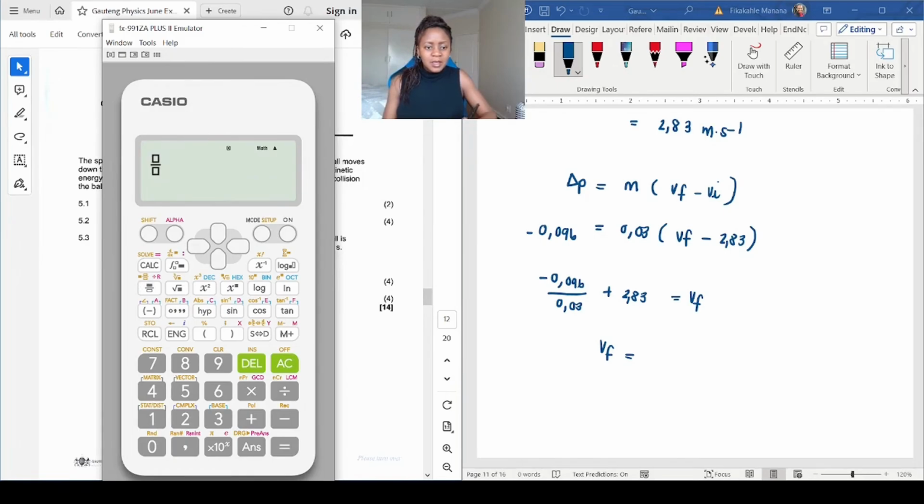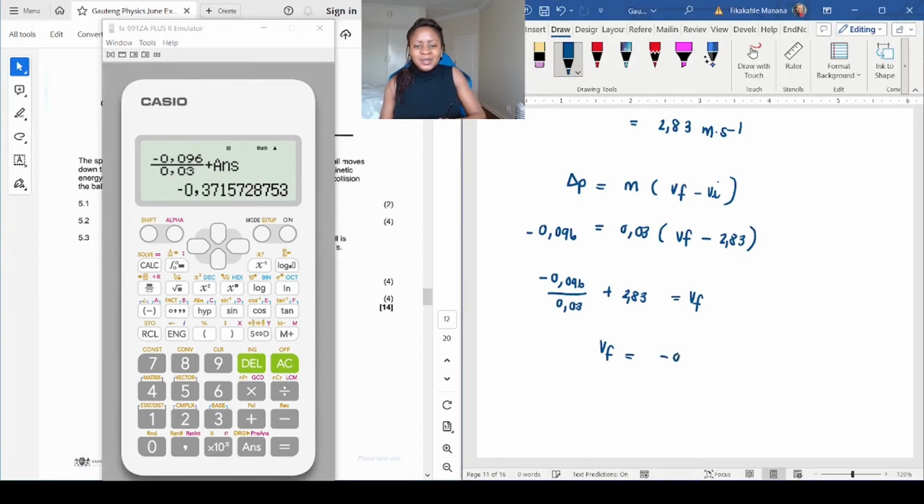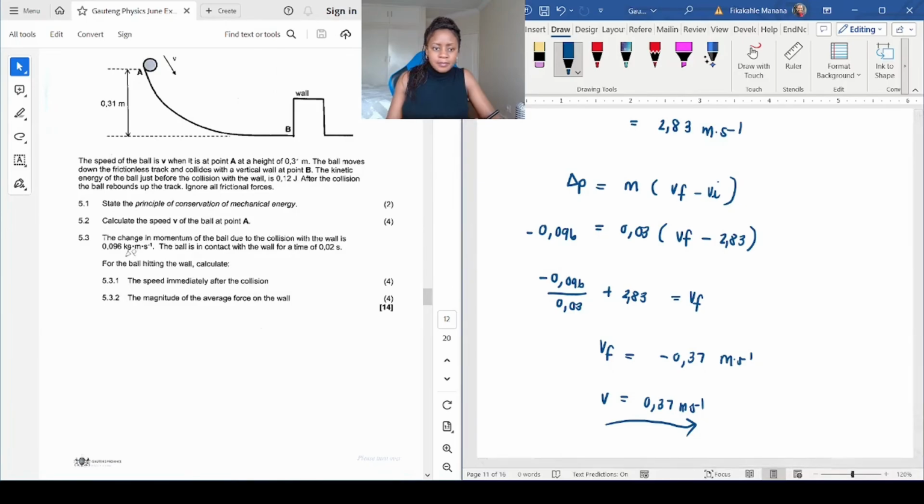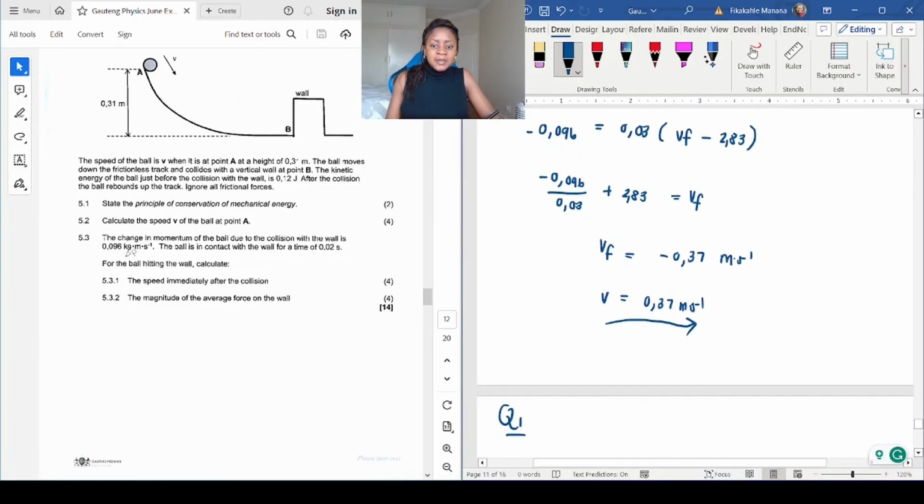Oh, look at me, I should be using the answer from the previous question. So I have negative 0.37 meters per second. That is the velocity, but the speed is actually 0.37 meters per second. It is the magnitude. Remember, speed is magnitude, velocity is a vector. So that is immediately after the collision.